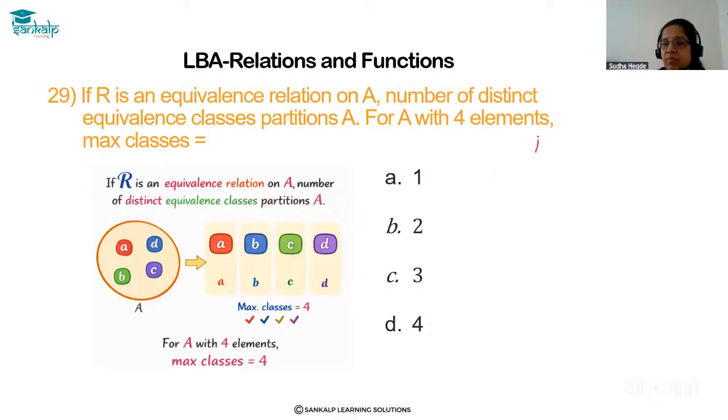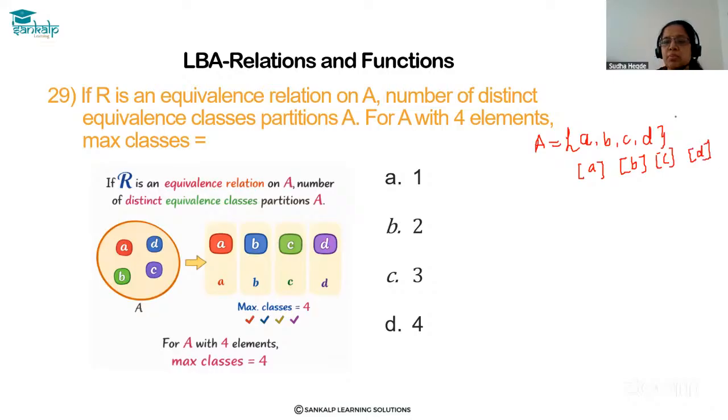suppose you take A as A, B, C, D. The distinct classes, maximum how many you can do? A, B, C, D. Correct?